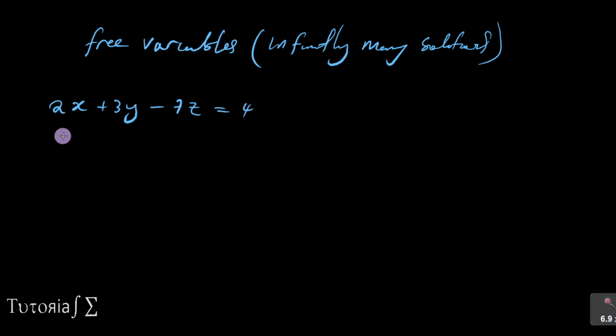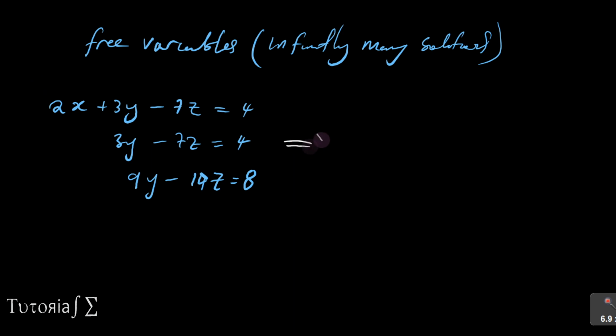Then we have 3y minus 7z equals 4. Then we have 9y minus 14z equals 8. Suppose you have this. The first thing that you do is you arrange the values with their likes.